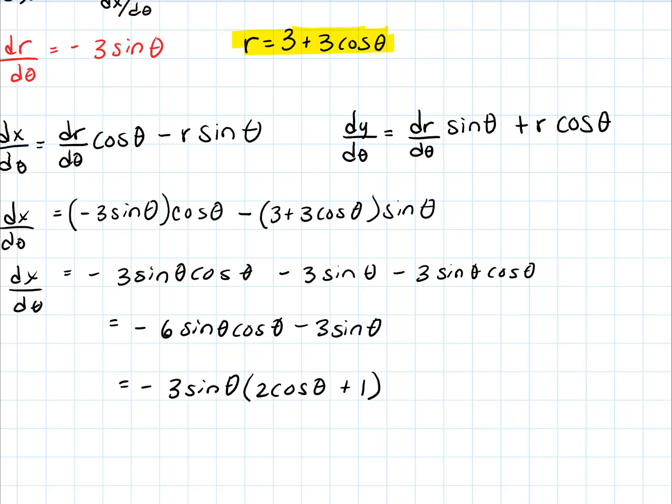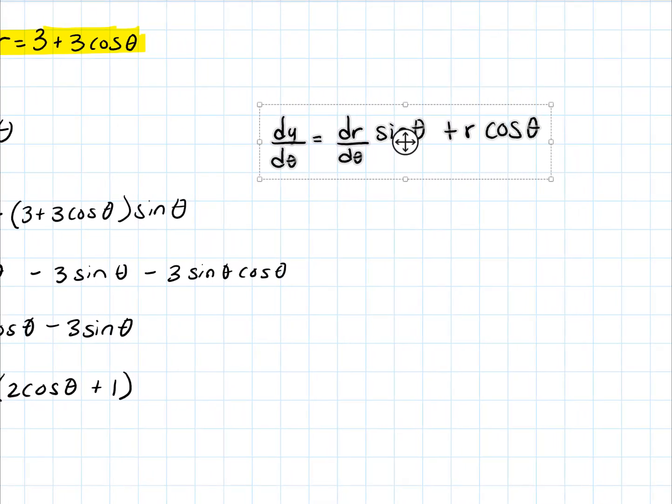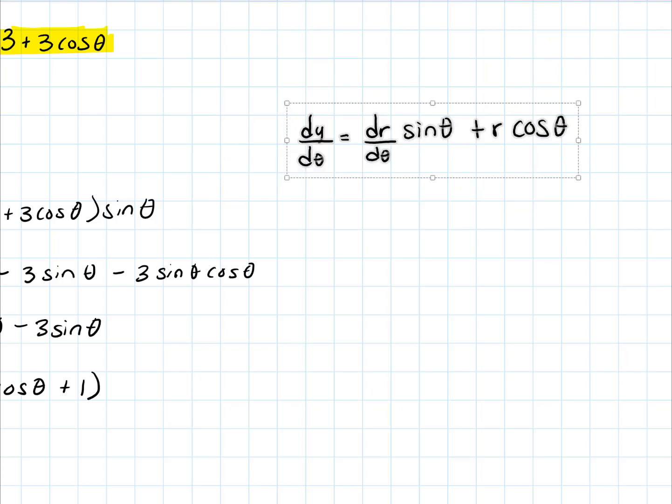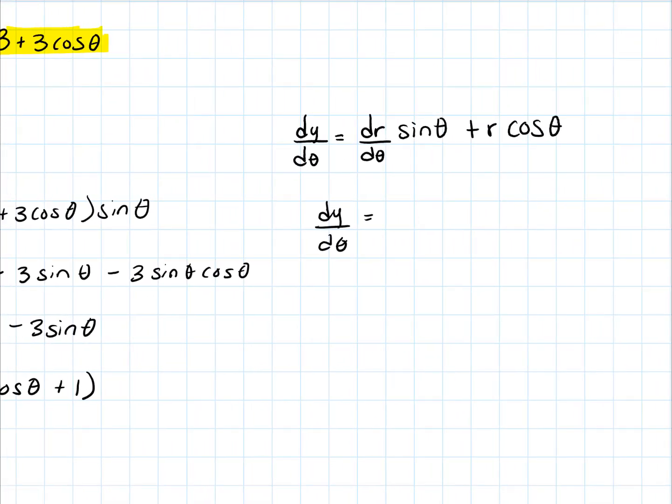Simplifying them down. So let's do the dy/dθ, scoot it over just a little bit so I have a little more space. dr/dθ was -3 sine theta times the sine of theta, plus r was 3 plus 3 cosine of theta times cosine of theta.